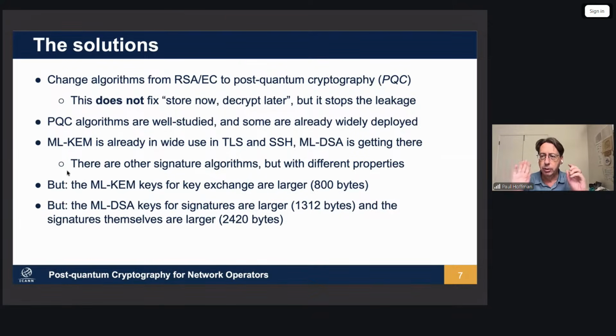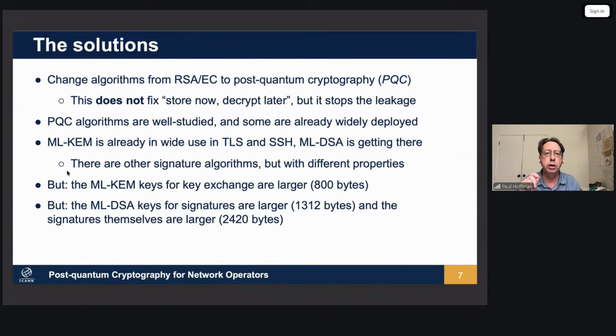It's not all bad news, I promise. If it was all bad news, I wouldn't want to scare you all before lunch too much, but there are algorithms. Right now we're using RSA for a lot of these things, or elliptic curve. We can change the algorithms that we are using now to what are called post-quantum cryptography, or PQC algorithms.